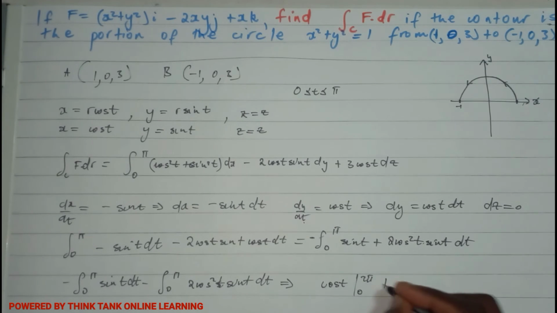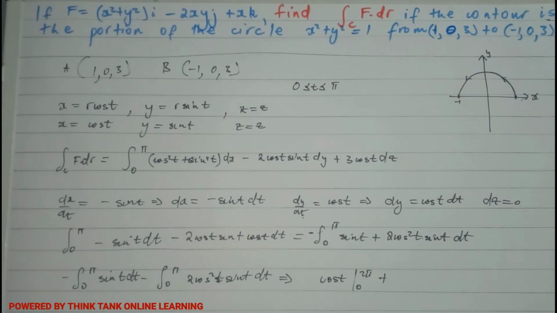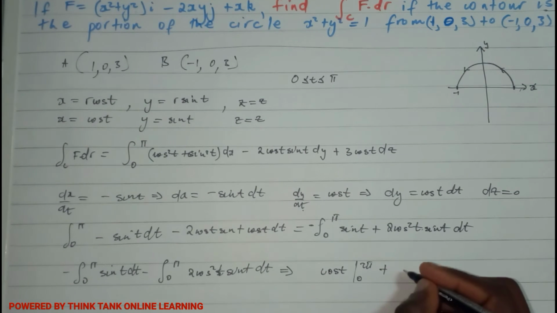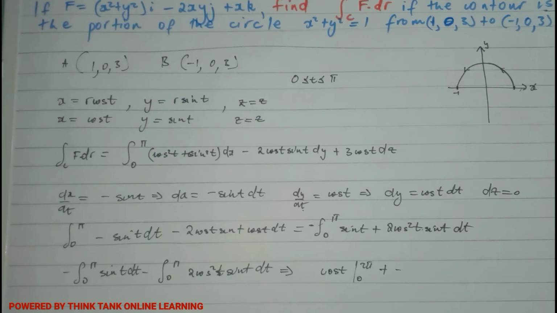Then, plus, for the next part, I'm going to use substitution. If you're not familiar with what I'm going to do here, you can check one of my videos on the Think Tank Online Learning playlist, Multivariable Calculus. First, let me put this negative before I forget. Now I want to integrate 2 cos squared t sine t, so let me factor out the 2 again.